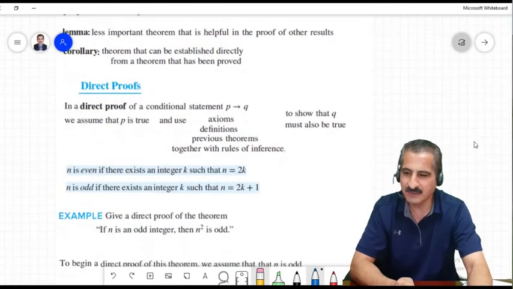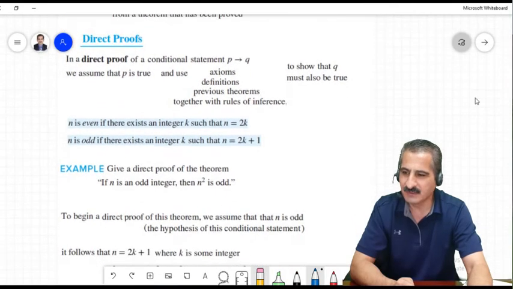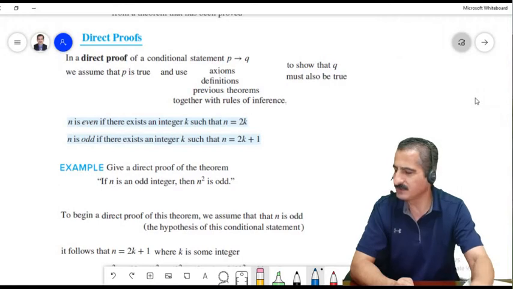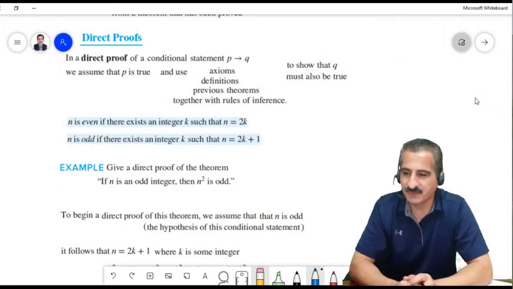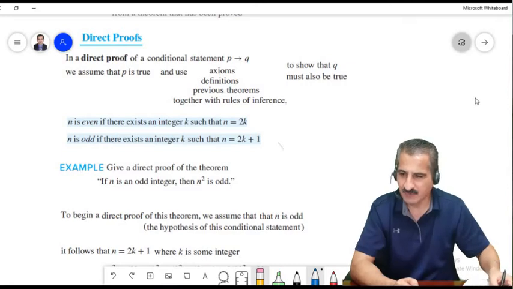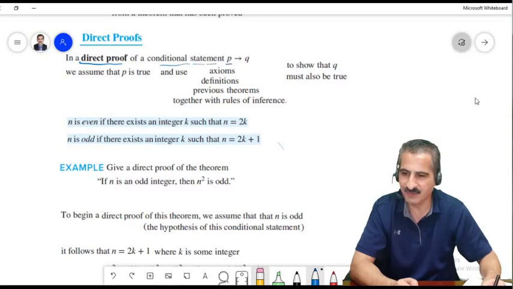Here we will learn a few methods of proofs. The first method is called direct proof. We use a direct proof to prove a conditional statement, which says if we have P, a statement, then we get Q as a result.